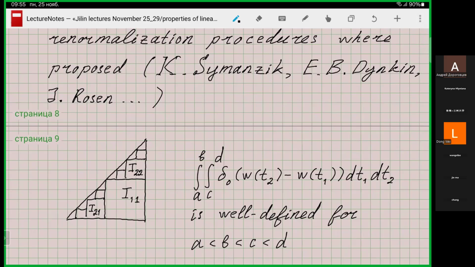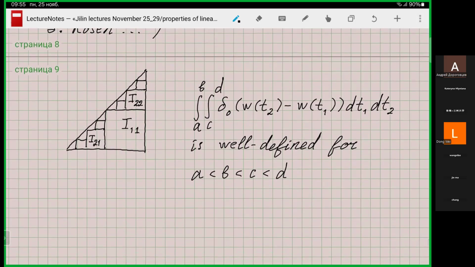As I said, there is a well-developed theory of polymer models based on this self-intersection local time as a Hamiltonian. But let me mention several questions which are still unsolved. The first one: the theory is only statistical. What do I mean?